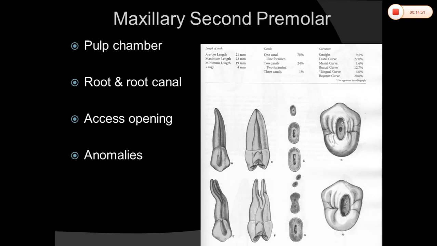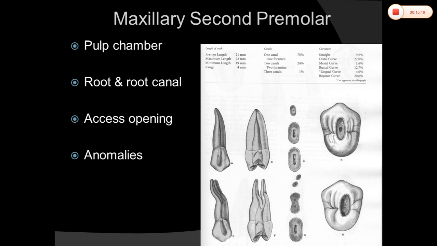Coming to the maxillary second premolar, the root canal system is wider buccolingually than mesiodistally. Sometimes it consists of a single root in two-thirds of the cases. The buccal pulp horn is larger here.